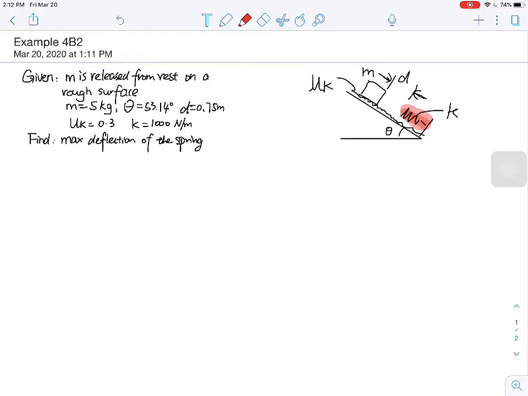Let's try this. Okay, yeah, first step, draw the free body diagram.